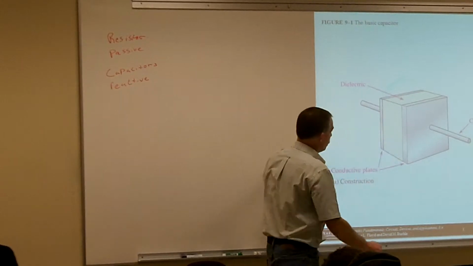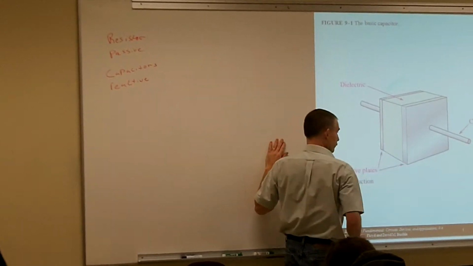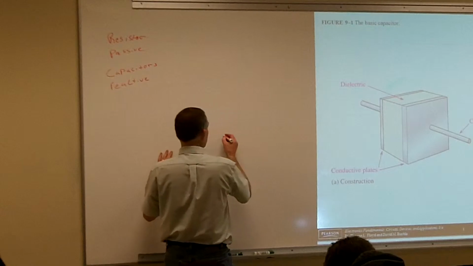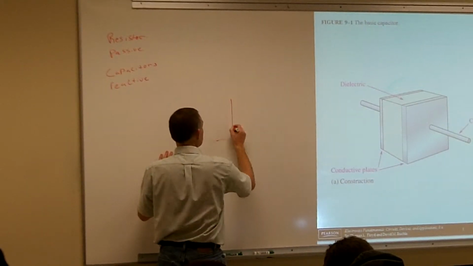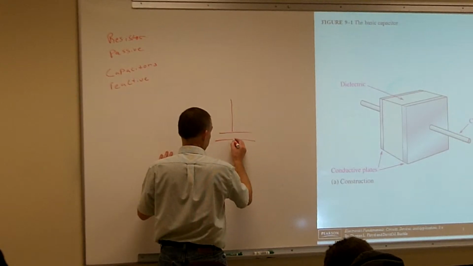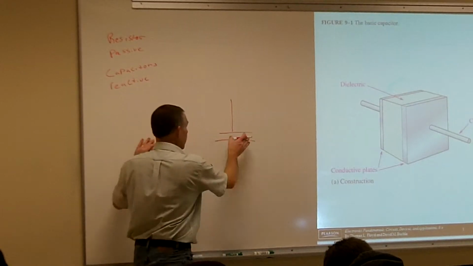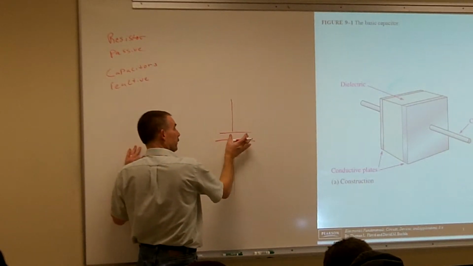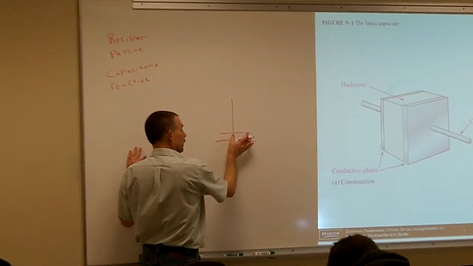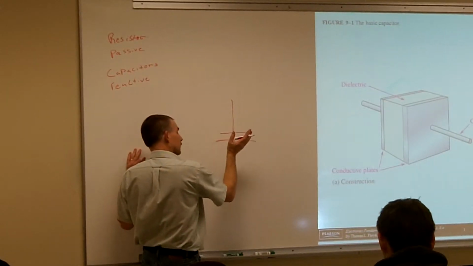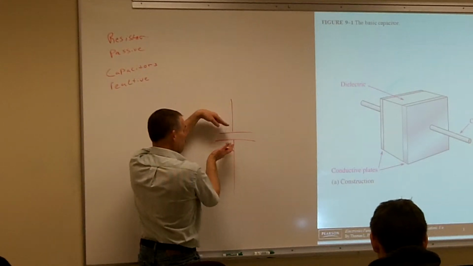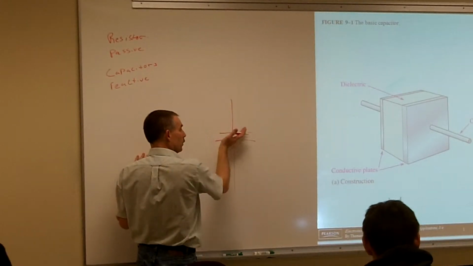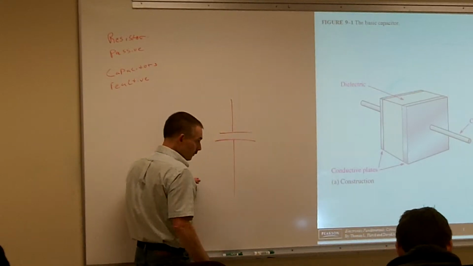So electrically, in between these two conductors, there is no real electrical path. These capacitors have what's called a dielectric, which is our insulator. It could be air, mica, paper, any type of insulator. And so there is no real electrical path in there.